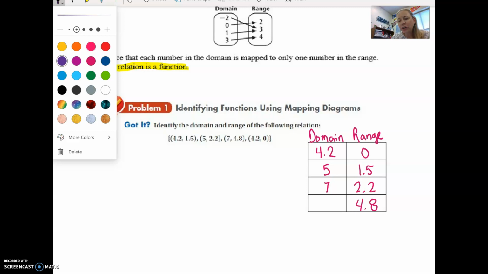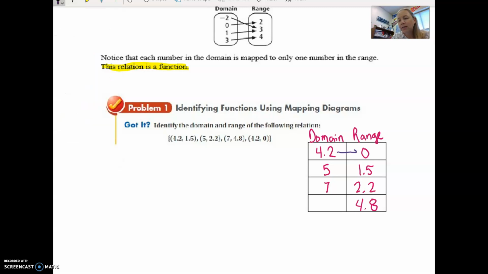So 4.2 has a 0 for a value, but it also matches up with 1.5. So right away, can I answer the question, is this relation a function? Well, for every one domain, is there only one range?